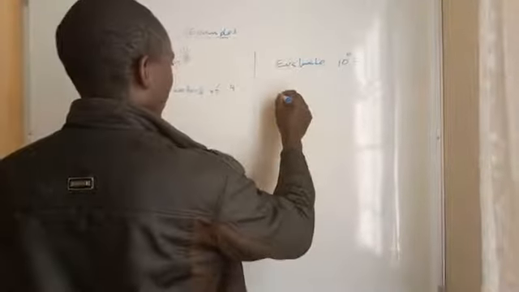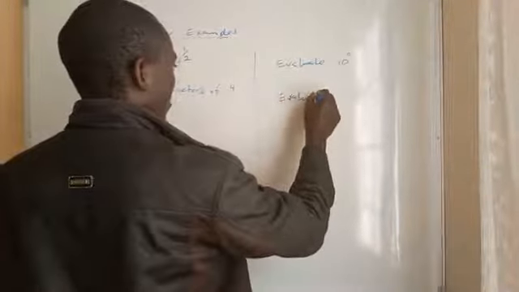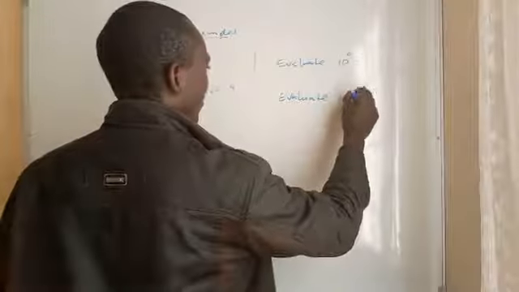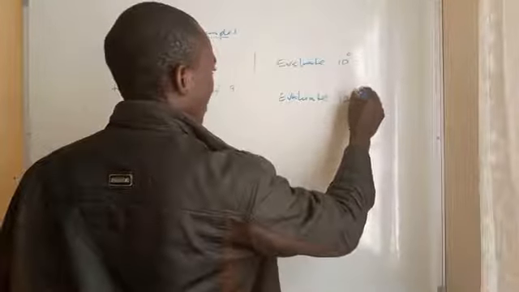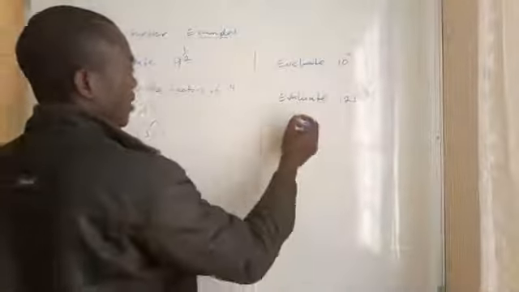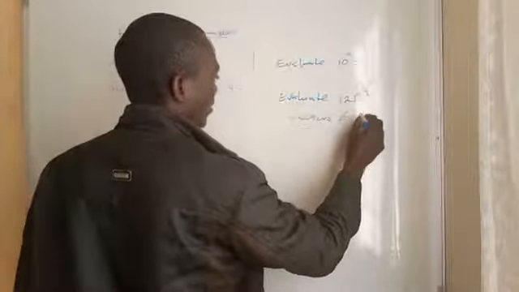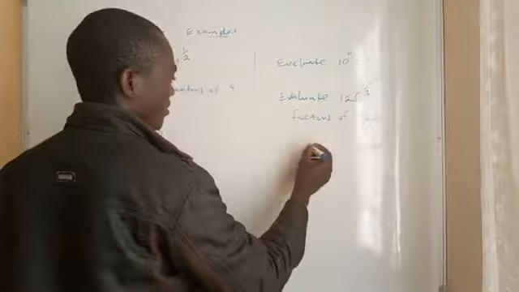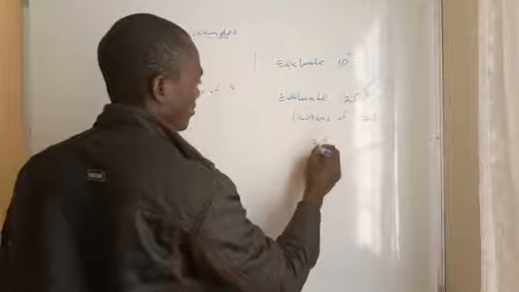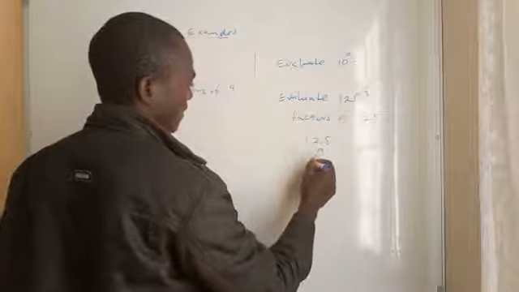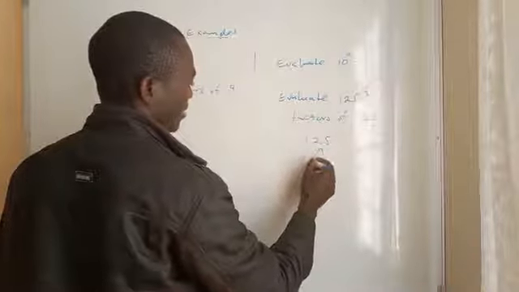They also want us to evaluate 125 raised to power a third. We find the factors of 125. Can 3 divide? No, just 5.